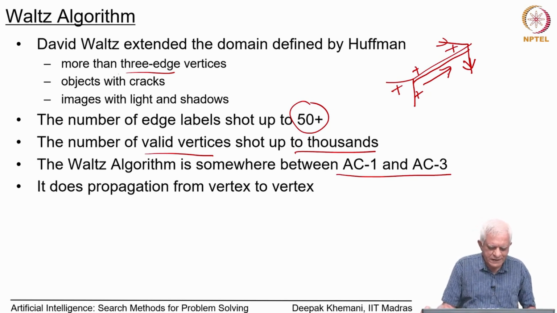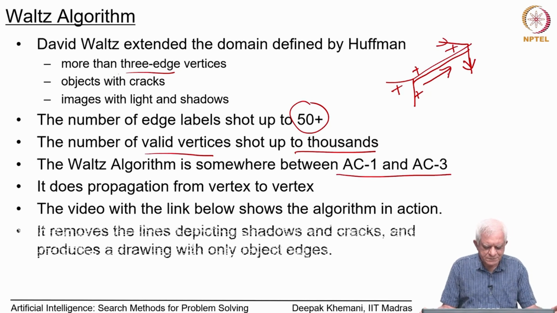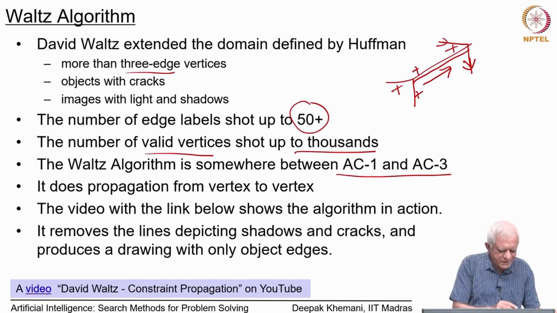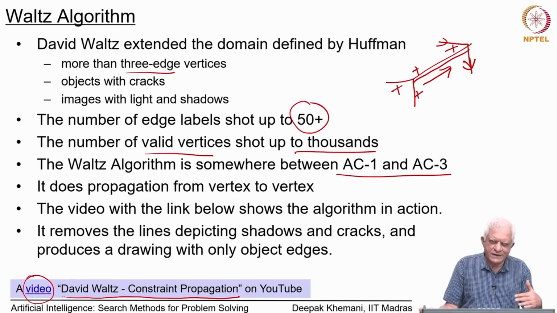We will not go into the details, but I will give you a pointer to a video which is available on the net, which shows an animation of Waltz's algorithm. There is a clickable link here, but otherwise you can go to YouTube and search for David Waltz constraint propagation. And what this video does, it looks like a jumble of lines to start with.